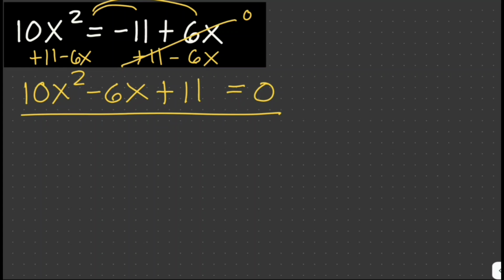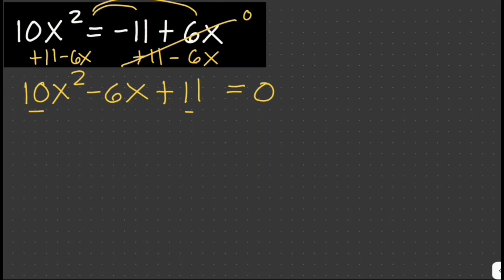Let's try if we can factor this. So we look for factors of 11 that when we multiply them, it would equal positive 11, and when we add them, it would equal negative 6. And take note that our first term has a coefficient equal to 10.